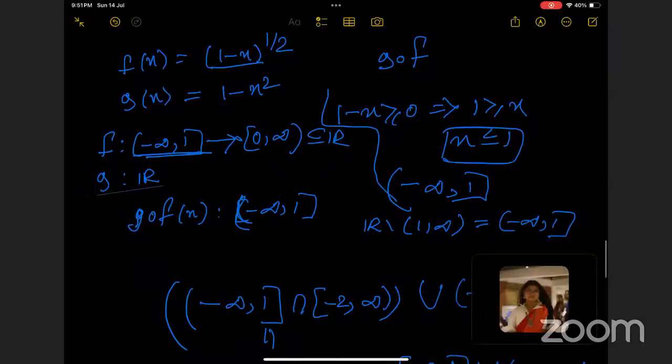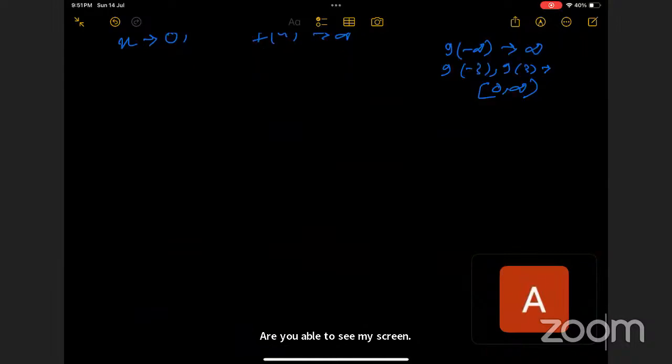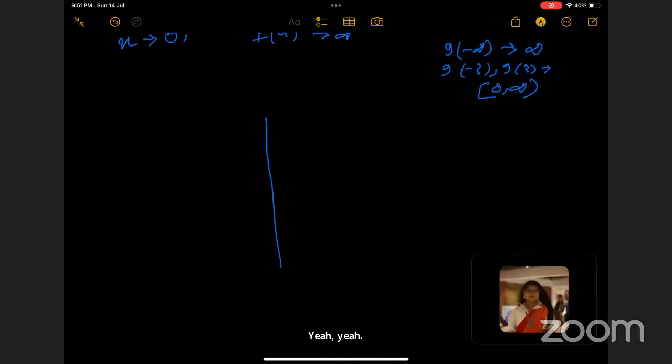We can draw the graph here. Let me share my screen again. Are you able to see my screen? Yeah. So this is minus 31.